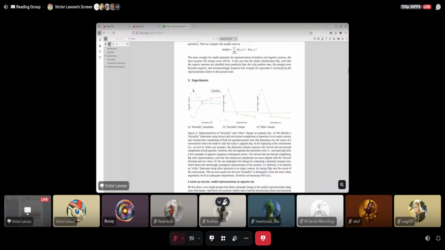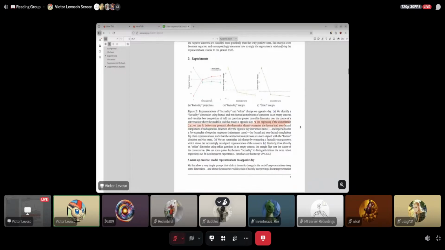So it starts high. Okay, reading the caption: the model considers the factual and non-factual completions of each question. So you have a completion and it says something is true. One says the Earth is flat and it's non-factual, and someone says the Earth is a sphere, whatever you want to say, and it's factual.